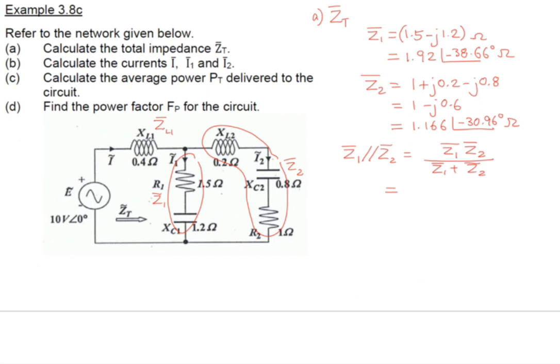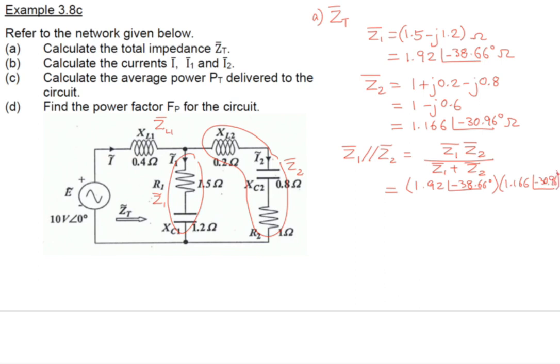Now on the top, since it's a multiplication, I write them in polar form: 1.92 angle minus 38.66 degrees multiplied by 1.166 at an angle of minus 30.96 degrees.